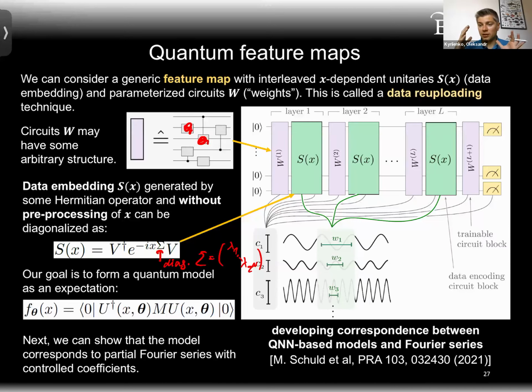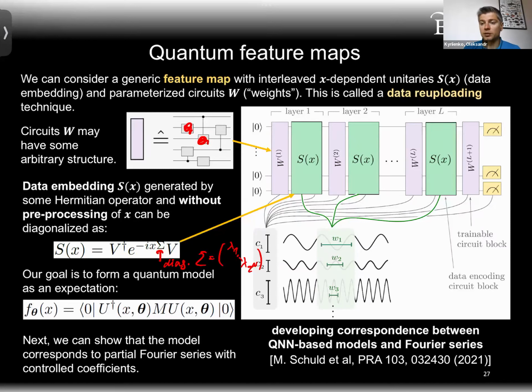So I'll take complex exponents that are x-dependent, interleave them with some operations that give me coefficients, and once I measured, my function will actually represent a combination of coefficients and Fourier basis.